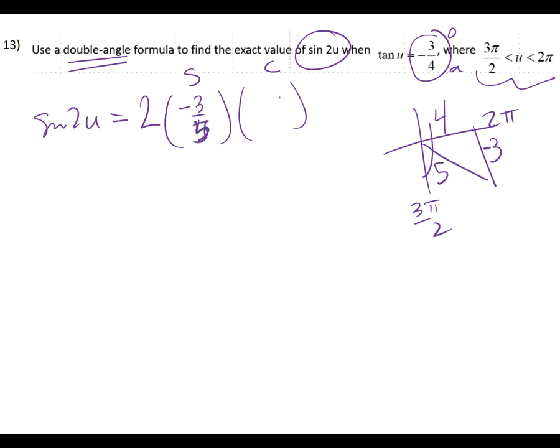I wrote the fourth typo. Alright, and what's the cosine of it? Good. I don't know why, but I like to put my denominators first. It's 5 times 5. And then 2 times negative 3 times 4 is good. And there's not much else I can do with it, right?